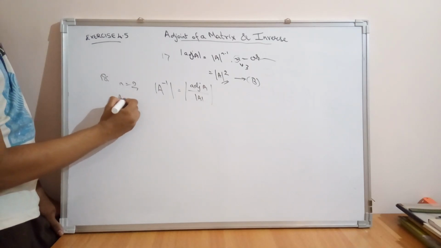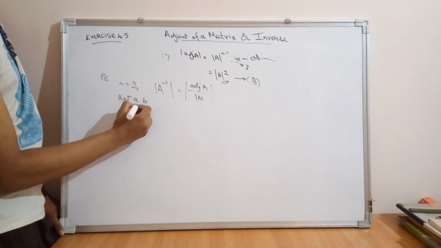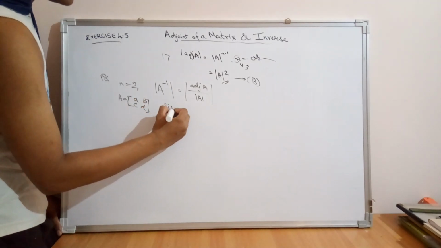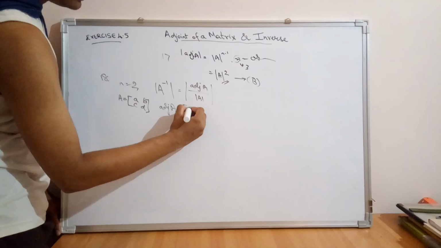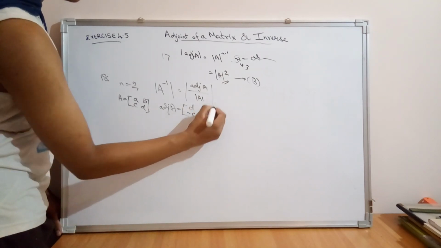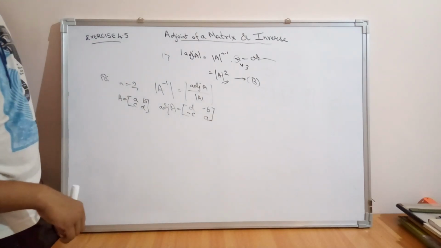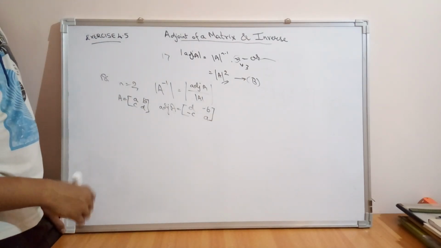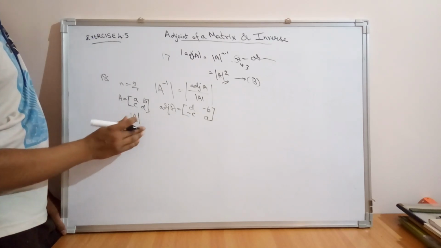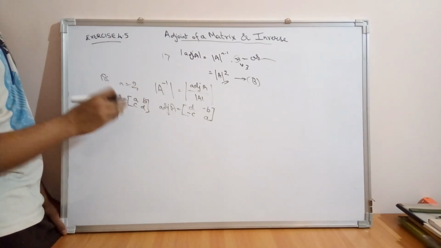So we'll take an example, that is A, B, C, D. And its adjoint is D, A here, then minus B, and minus C. This much we got. So what is going to be the determinant? We'll just leave it as 1 by determinant.